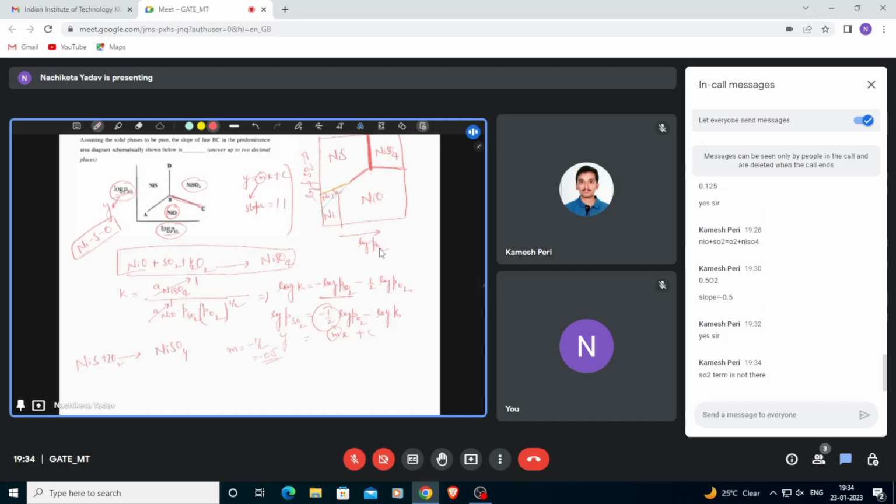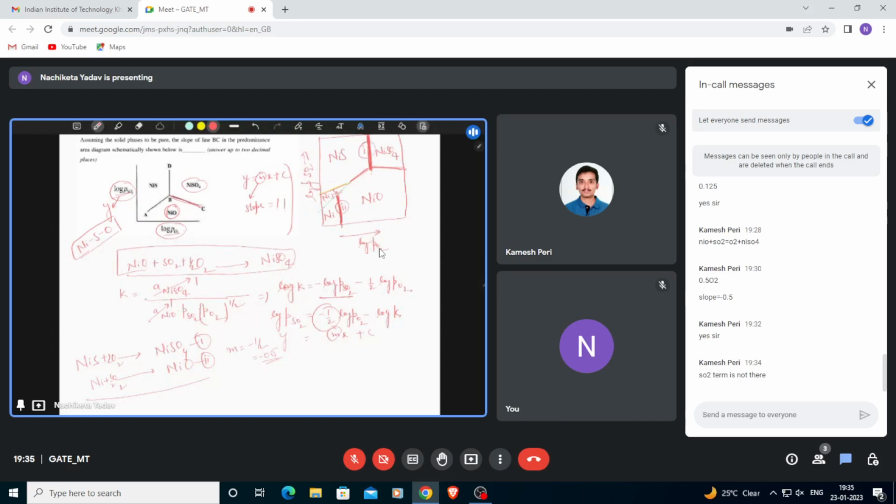This one is also parallel, right? You can write Ni plus half O2. This is for this one. This is the second one. This is the first one.